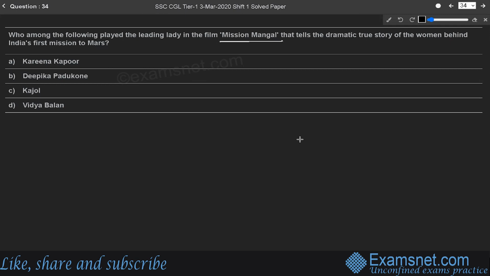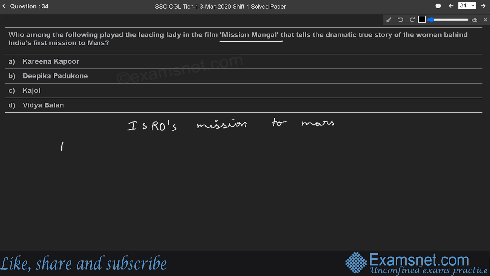The movie Mission Mangal is a movie which is based on ISRO's mission to Mars. And Vidya Balan played the leading lady role in this film.